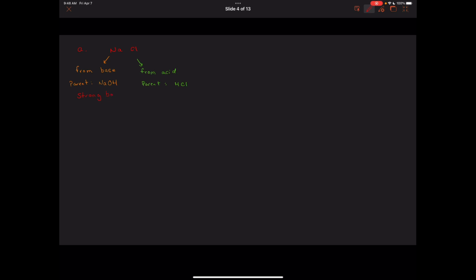It's a group 1A hydroxide. Those are our strong bases. We look at our acid, HCl. HCl is in our list of 6 strong acids, so it is a strong acid. So the two parents, the parent base and the parent acid that form this salt, they are both strong. So we said that means we're going to generate a neutral salt.